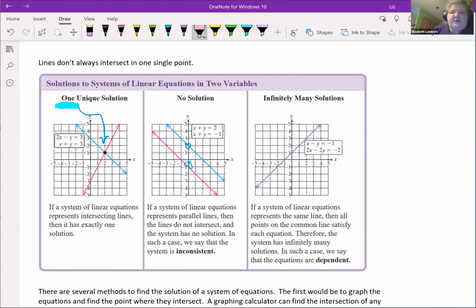And sometimes the book likes to use fancy words. Inconsistent versus dependent. So to me, inconsistent is a more negative word. It's a bad thing. So that goes with no solution. Whereas dependent, one thing depends on another. One of the meanings of the word depend is actually hang from.